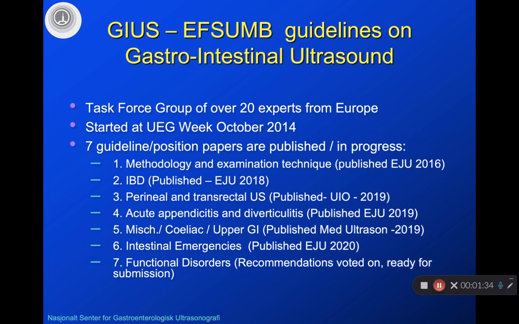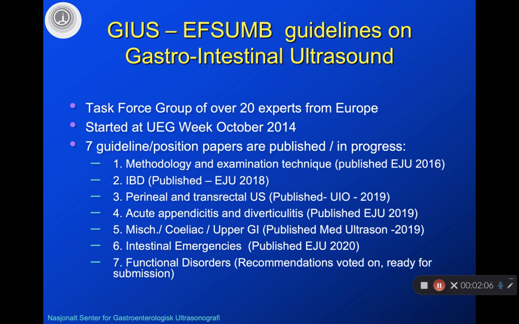In 2014 we established a task force group of over 20 experts from all over Europe to start the very important work of establishing different guidelines on GI scanning. In 2016 we gave out the first guidelines on methodology and examination technique, followed by a guideline on inflammatory bowel disease published in 2018.